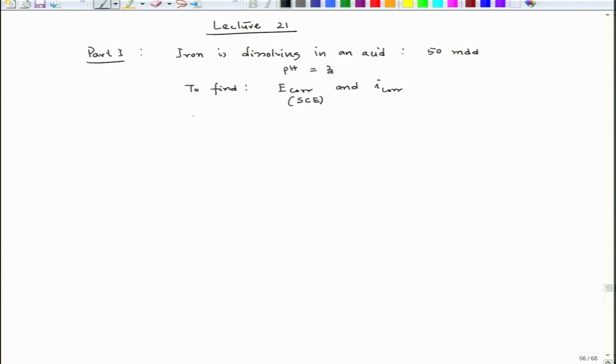Other data: hydrogen evolution is basically the reduction process. This is one. Second, pH, of course, is 3.